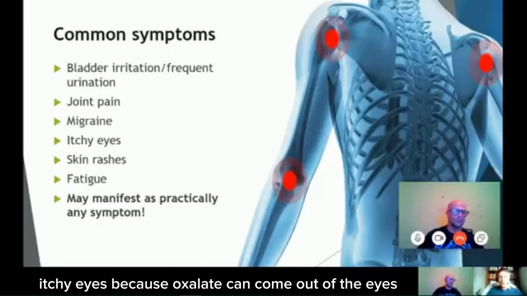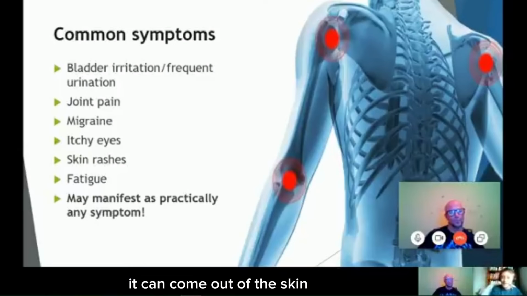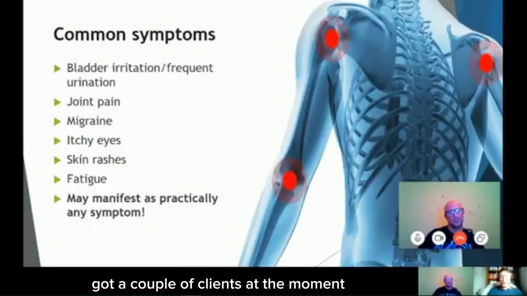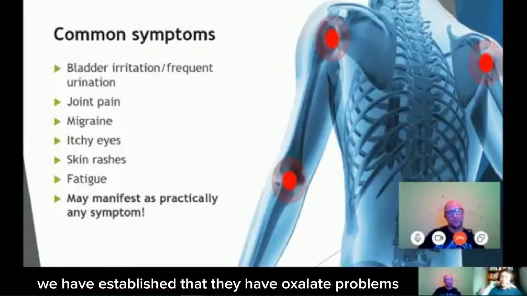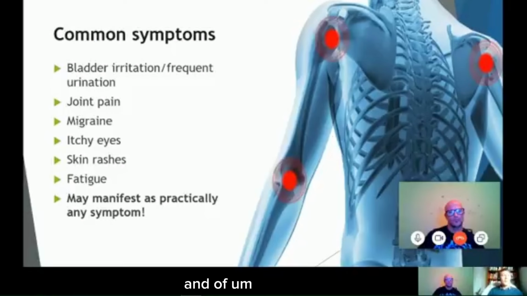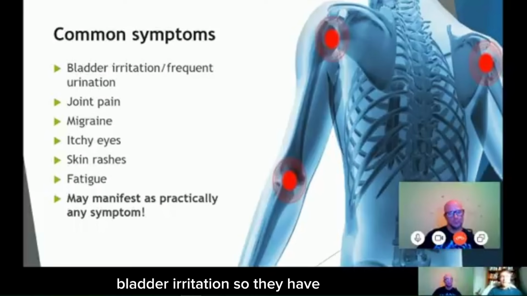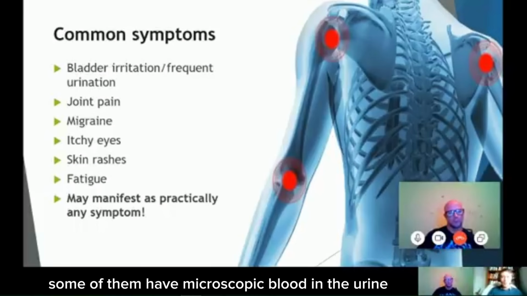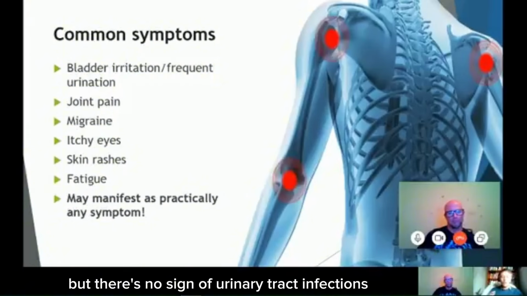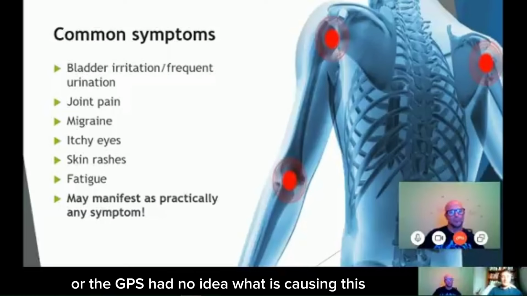So this is very common, but you also have other things, like itchy eyes, because oxalate can come out of the eyes, it can come out of the skin, it can come out of the urine. I've got a couple of clients at the moment who we have established have oxalate problems, and their main complaint is chronic bladder irritation. Some of them have microscopic blood in the urine, but there's no sign of urinary tract infections, and the doctors or the GPs had no idea what is causing this.